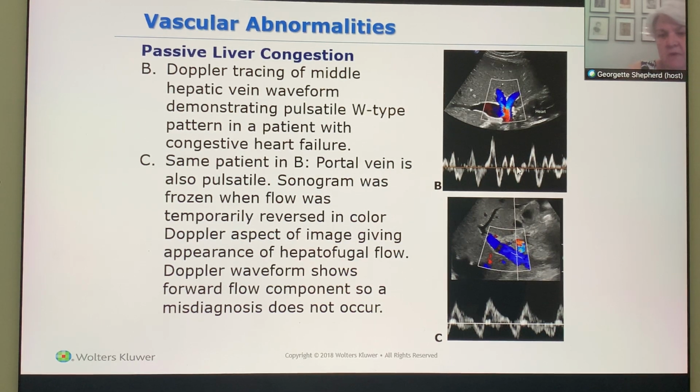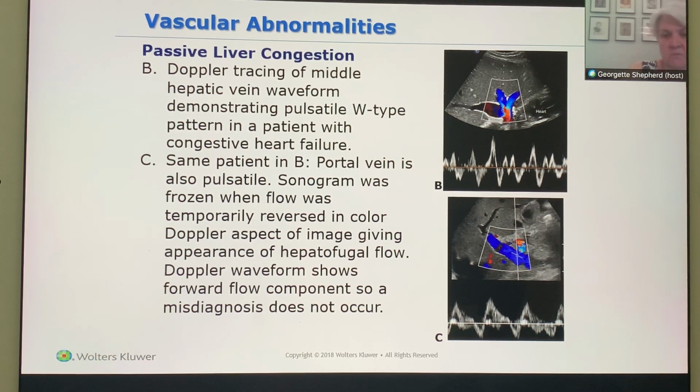That is our sonographic sign for congestive heart failure. In picture C, we're taking a picture of the portal vein. And you can see, because it's blue, it's hepatofugal flow.